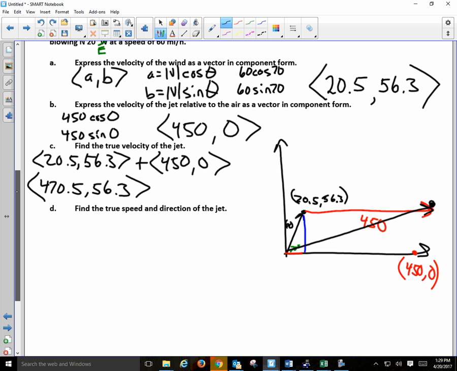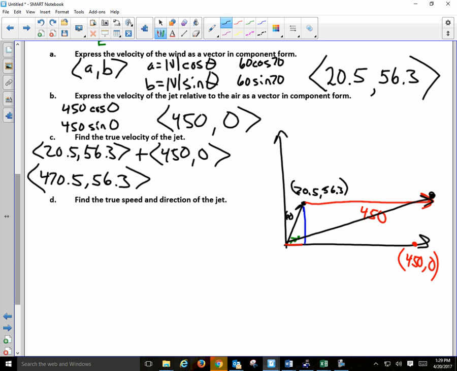So I know this often is a question where people are just like, forget it, I can't even get started. We've already done component form before. We just have to recognize the terms of the problem and then add them together. And then the true speed: speed is equal to the absolute value of velocity, or the magnitude of the vector. How do you find the magnitude of a vector? So let's do it.